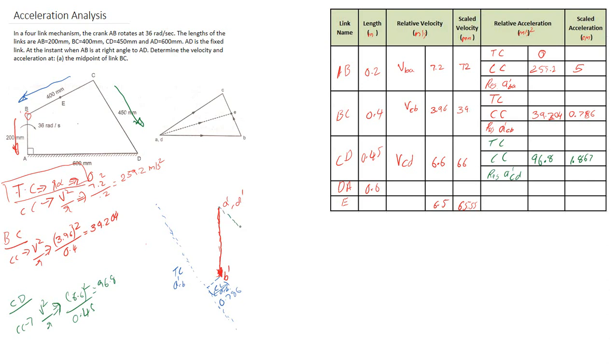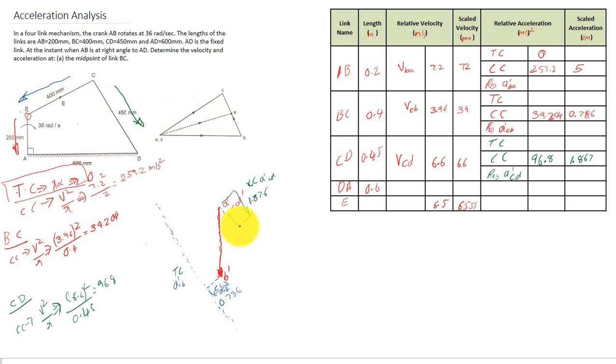This much of dimension is equal to 1.876 centimeter, and this value corresponds to the centripetal component of acceleration of C with respect to D, A dash CD.